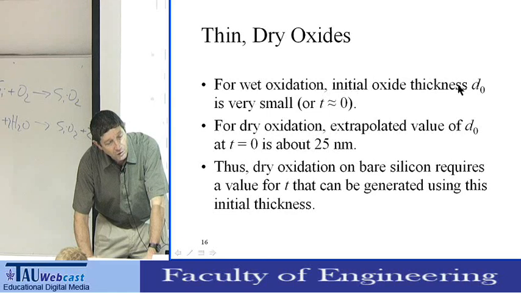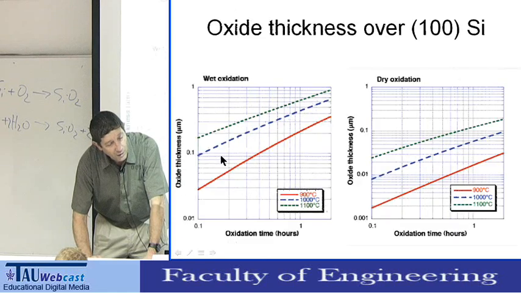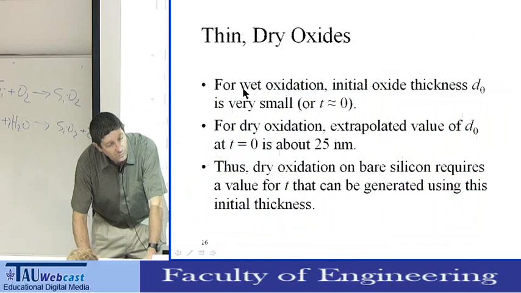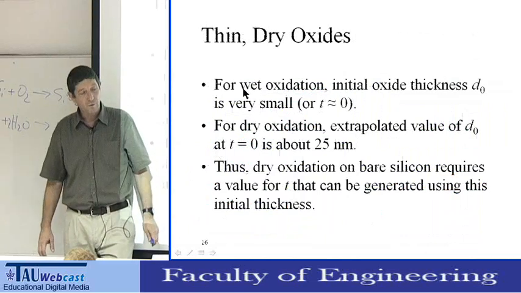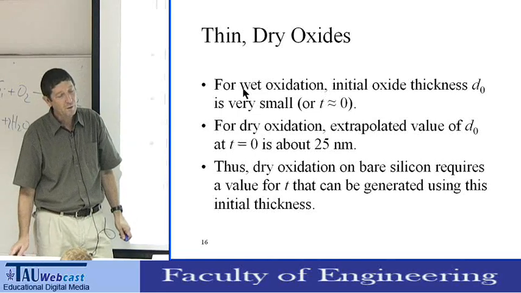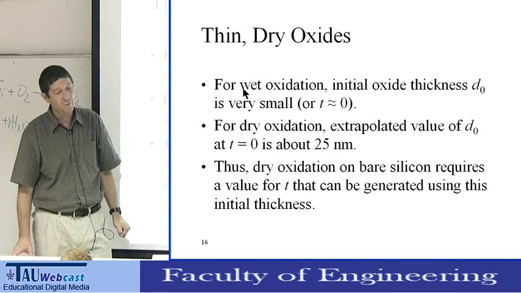The initial oxide thickness is very small. What people found out is that for dry oxidation, the initial oxide thickness is very, very small.